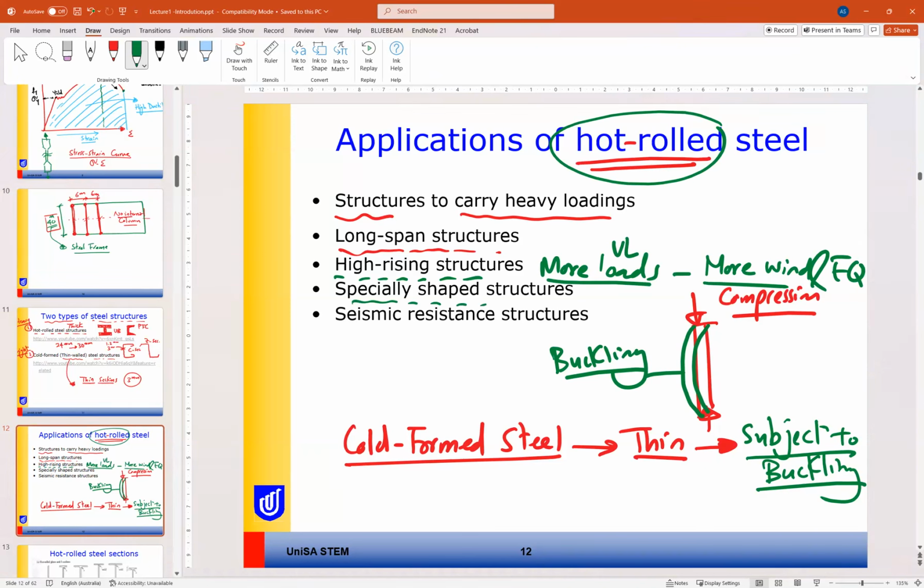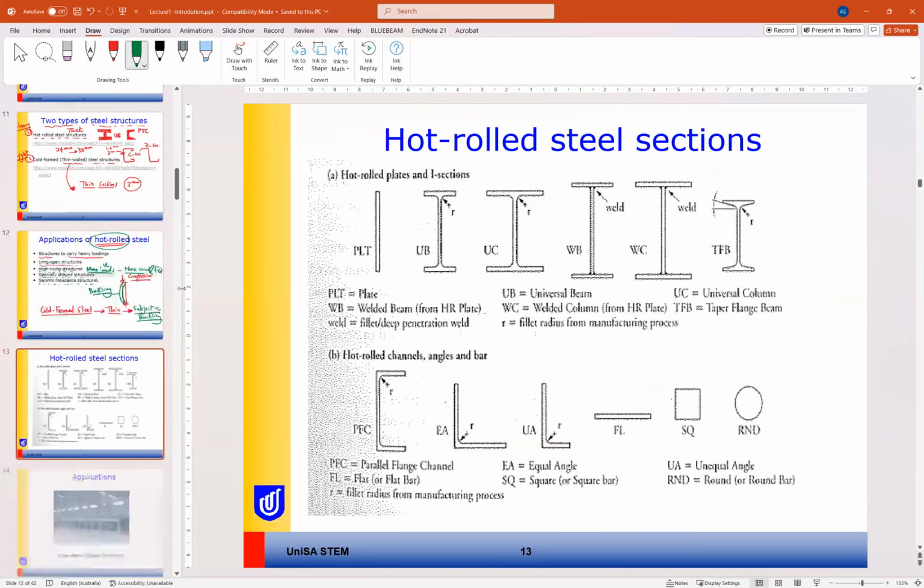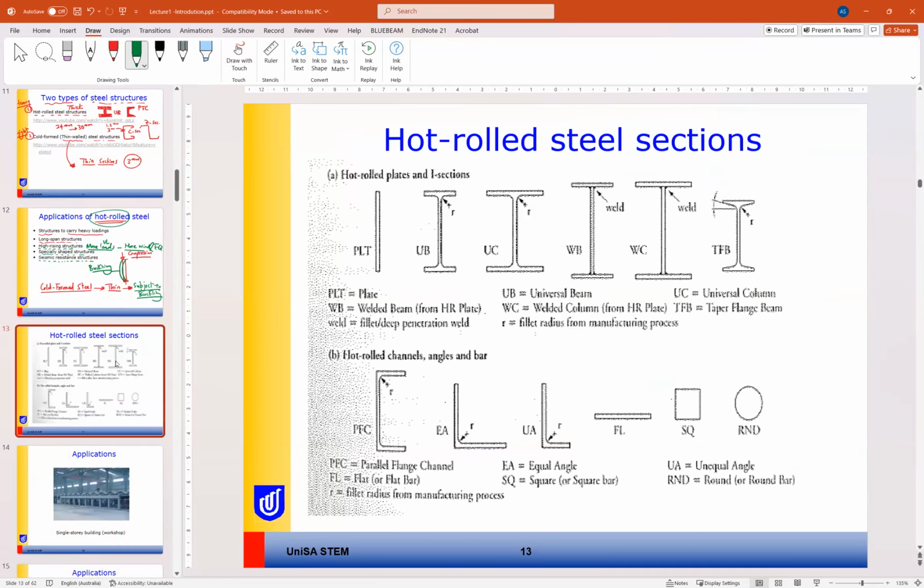In especially shaped structures, we will also need hot rolled steel. For seismic or high seismic areas, we need seismic resistant structures. We will need hot rolled sections. So these are some common buildings or structures that require hot rolled steel.